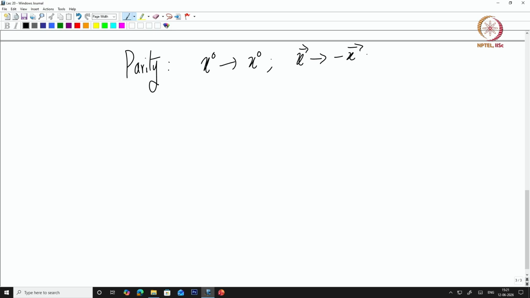The space component is inverted with a minus sign, and time reversal is the exact opposite: x0 goes to minus x0 and x bar goes to x bar. These are the two things essentially.